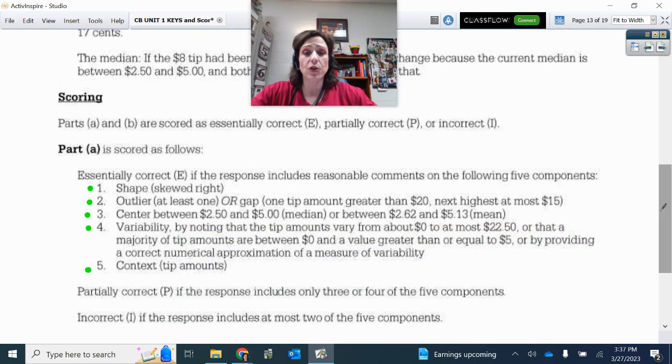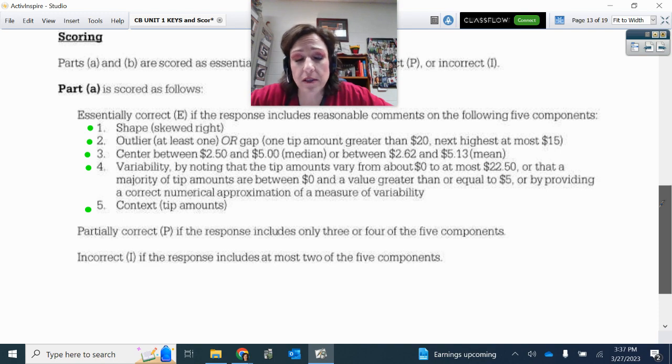So you get full credit if you had all 5 of those things: shape, outlier, center, spread, in context. Partially correct if you had only 3 or 4 of those. So if you missed 2, you had a P. If you had less than 3 of them correct, you got 0 credit for that component.